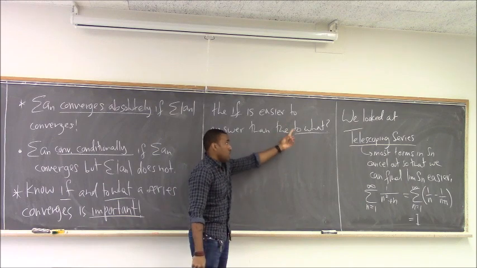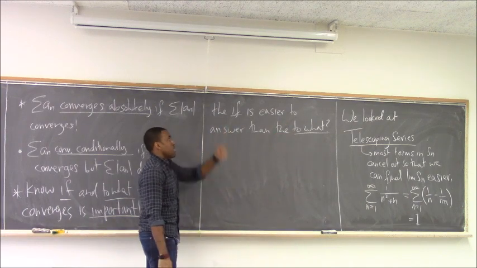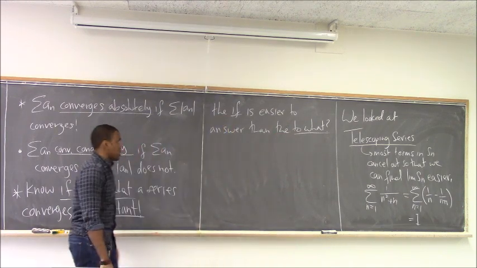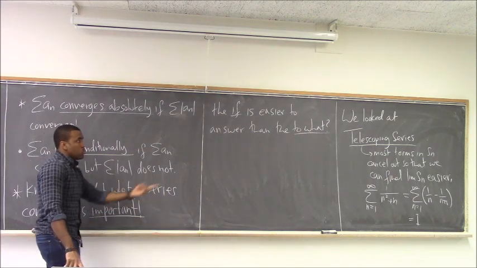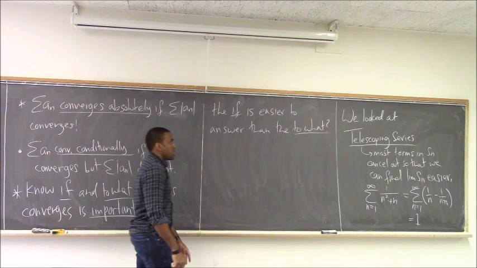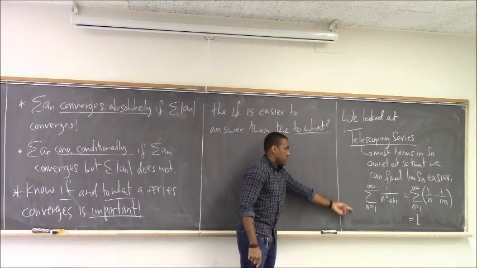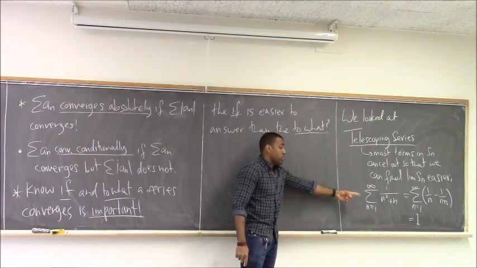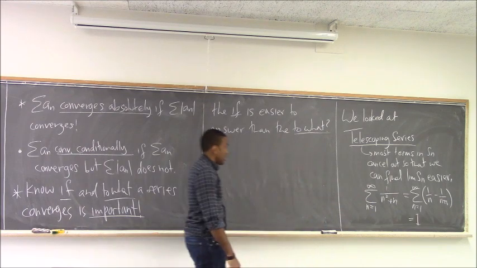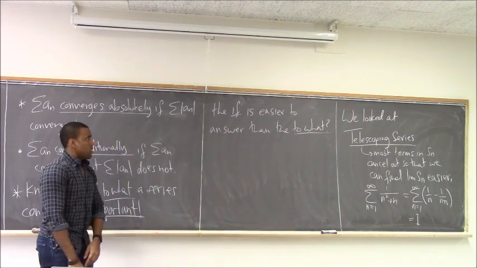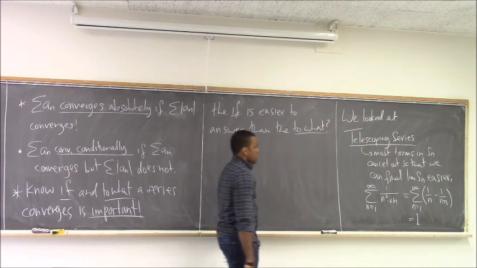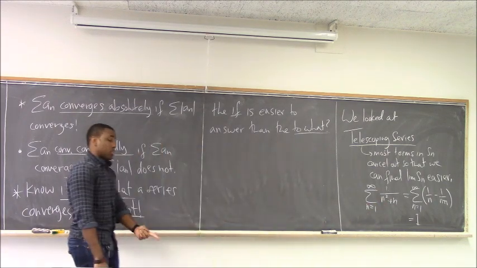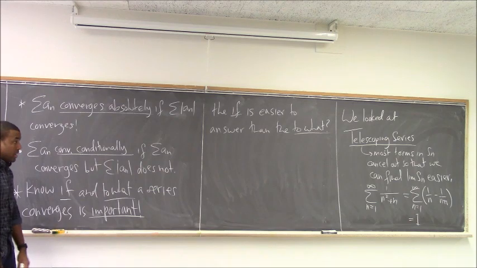That's going to be above our pay grade. Most of the time, we're going to focus on if something converges, not necessarily what it converges to. There are going to be two exceptions to this. One of them is the telescoping series. If a telescoping series converges, you can find the exact answer. I showed you how to do it last time. The other scenario where we can tell what it converges to without doing anything too crazy is the geometric series. I'll talk about that today.